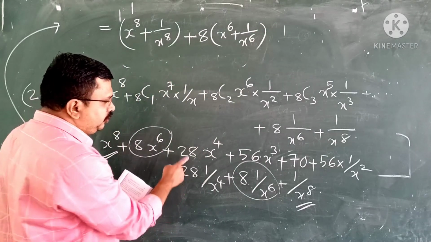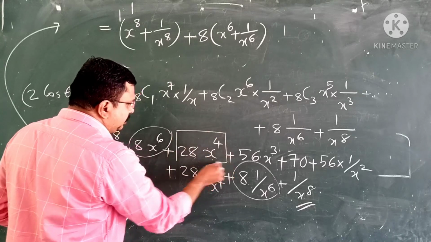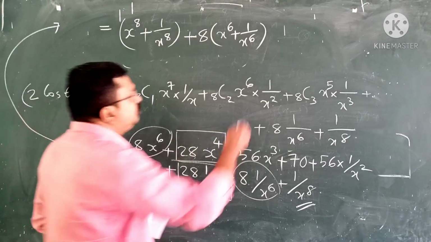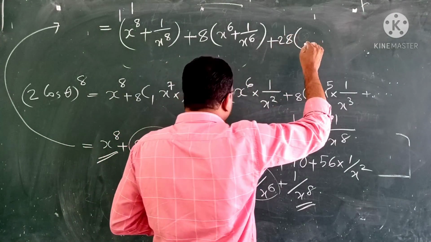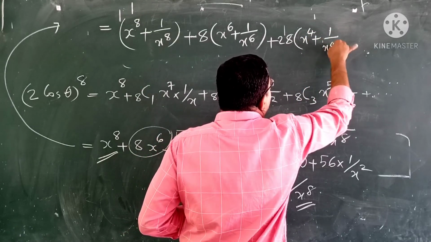Next, 28 x raised to 4 and 28 into 1 by x raised to 4, so plus 28 into (x raised to 4 plus 1 by x raised to 4).